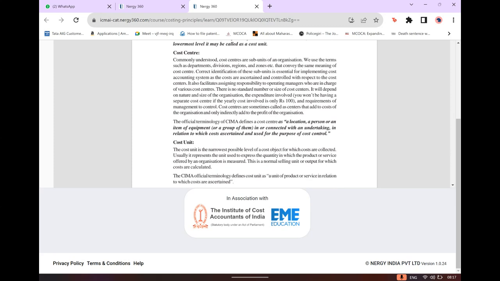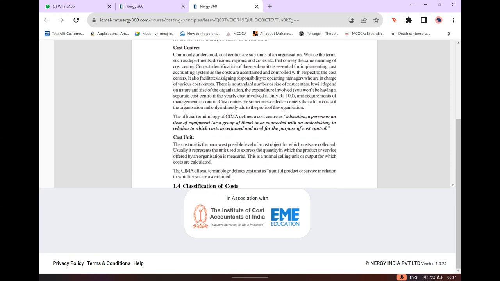The definition of cost center is it can be a location, a person, an item or equipment, or a group of items in connection with an undertaking in relation to which cost is ascertained and used for the purpose of cost control. So it can be a person, a location, or equipment, where the cost can be accumulated and identified to that particular person or location.